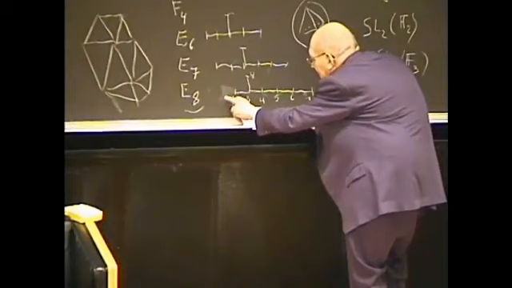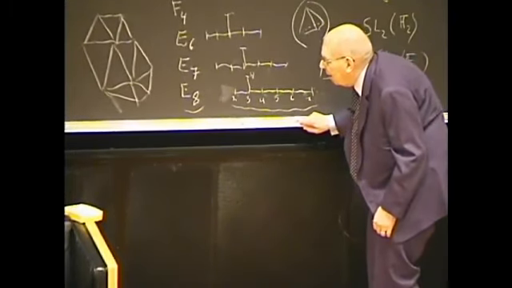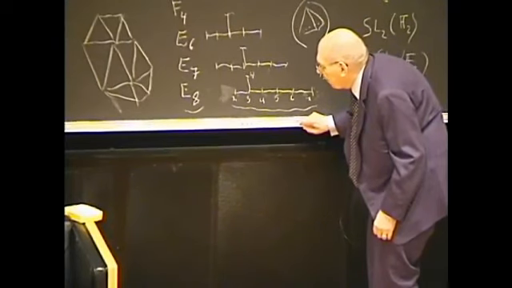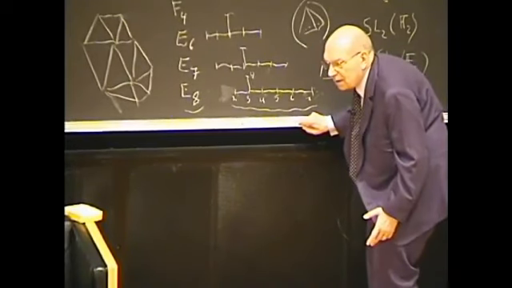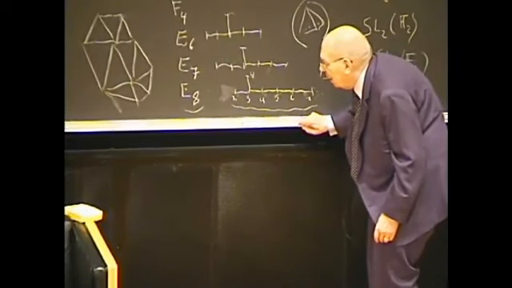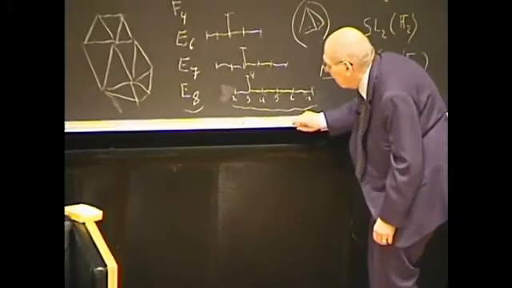And I get the buildings of type E8. I do that over a field of two elements, for instance. I get a certain simplicial complex.